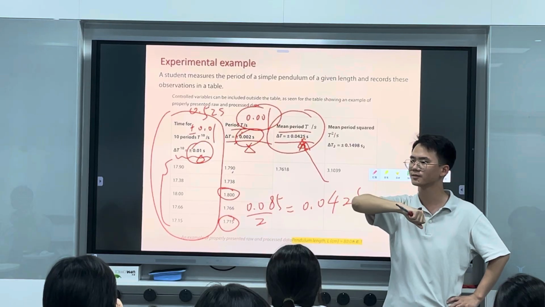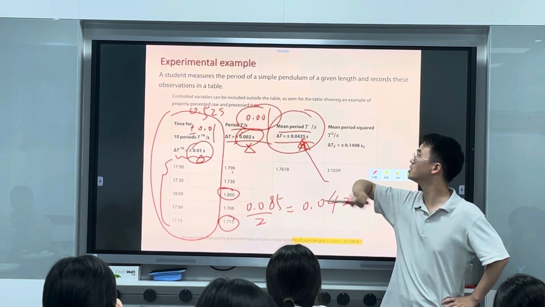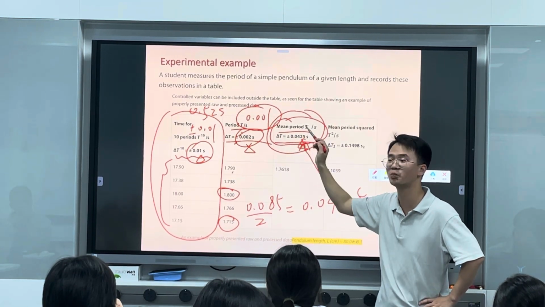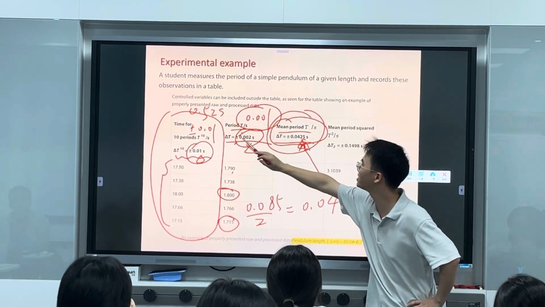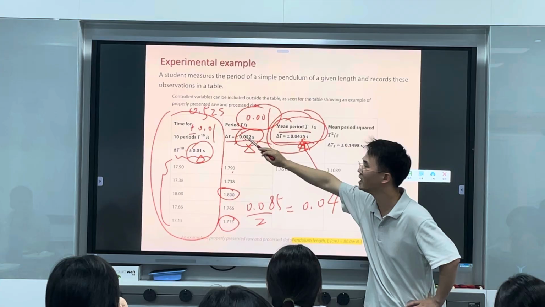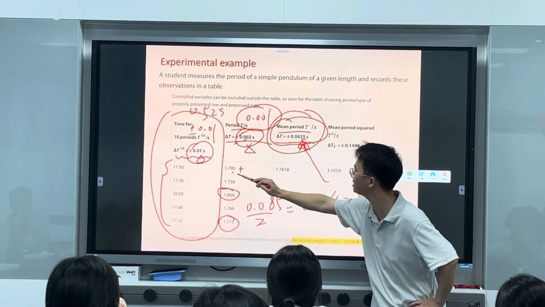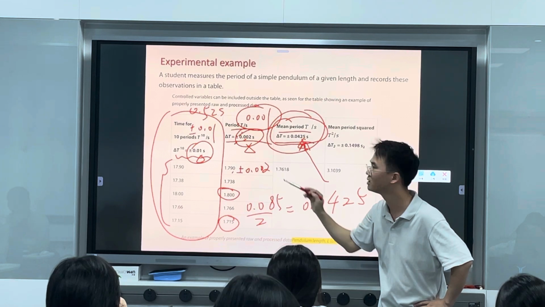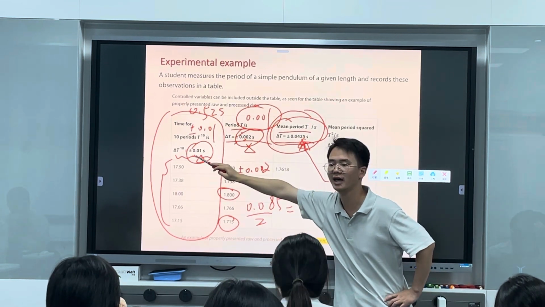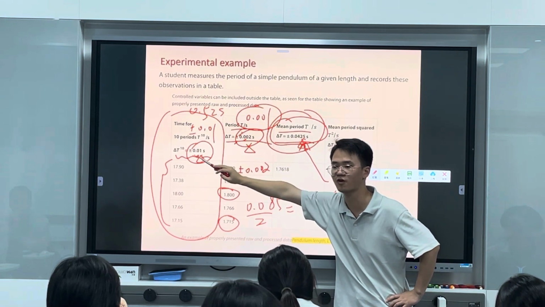Because you're using the average of the data. Basically, you're processing the data. You're using the whole data, right? But this uncertainty here is the uncertainty of each single individual trial due to the inherent uncertainty from the tool.